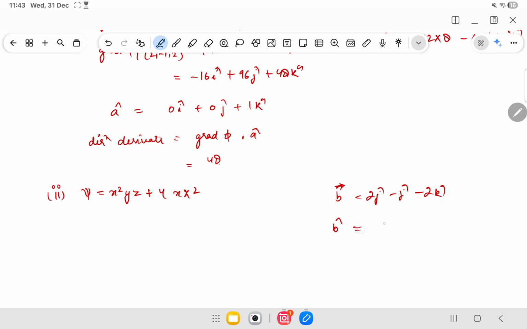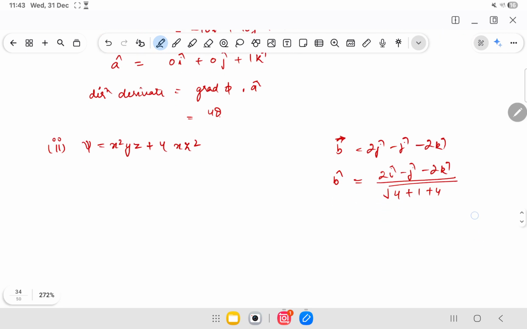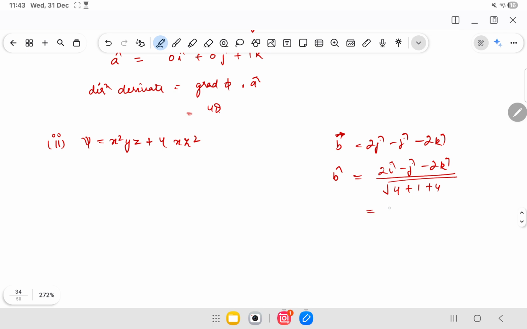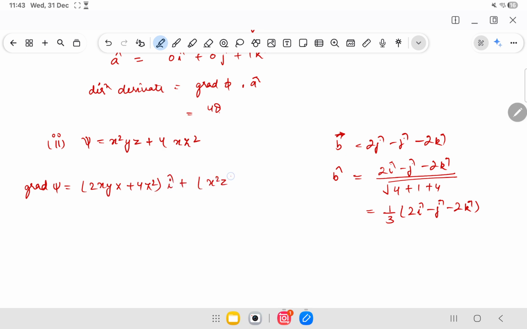So the unit direction will be (2 I cap minus j cap minus 2k cap) divided by square root of 4 plus 1 plus 4, which is 1 by 3 times (2 I cap minus j cap minus 2k cap). So if we evaluate grad psi, that will be equal to (2xyz plus 4z square) I cap plus x square z j cap plus (x square y plus 8xz) k cap.